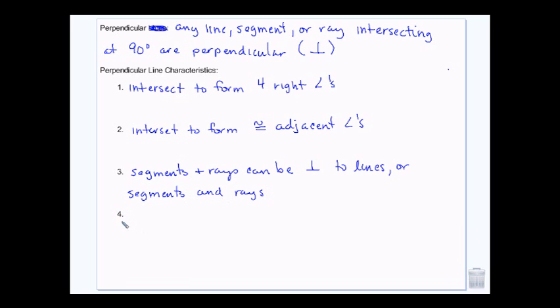And the right angle symbol, which is this little box right here, is also a symbol for perpendicular.